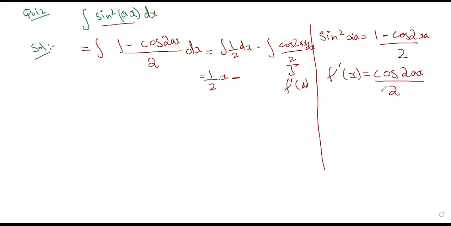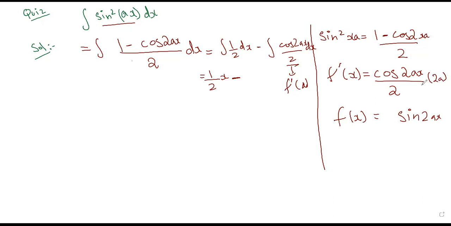Now you need to think that if this is the derivative, what would the function be? So if you have cos, immediately you'll think of sine, because the derivative of sine is cos, right? So the derivative of sine 2ax would be cos 2ax into 2a.